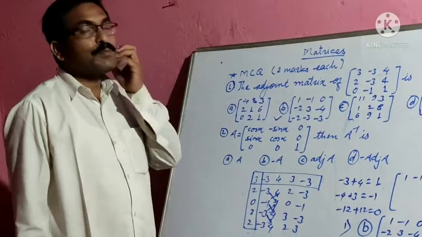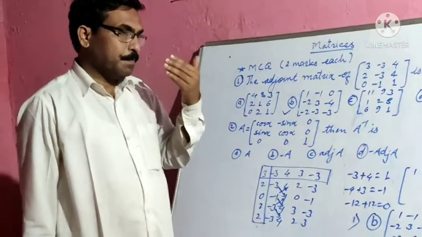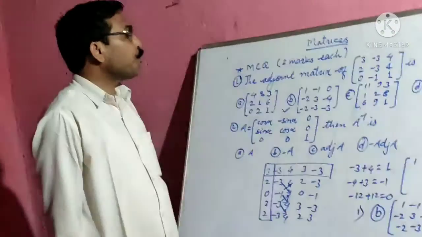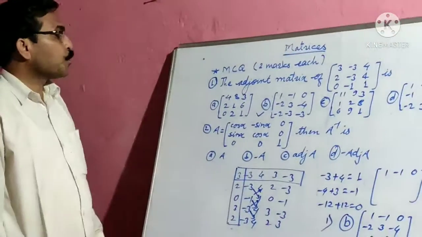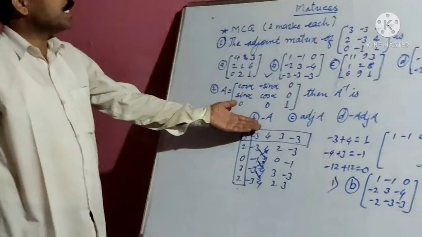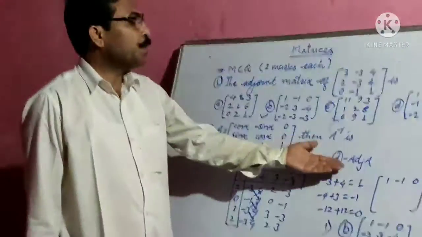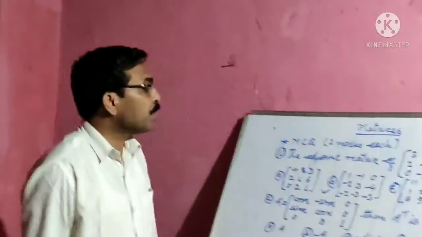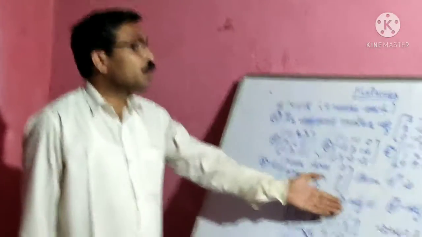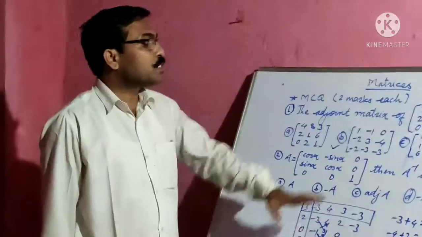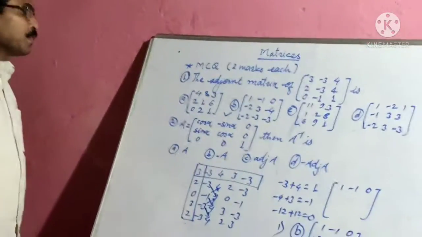We find A inverse by elementary transformation and by the adjoint method. In elementary transformation, A, minus A, adjoint of A and minus adjoint of A are not there. In the adjoint method, we have adjoint of A.